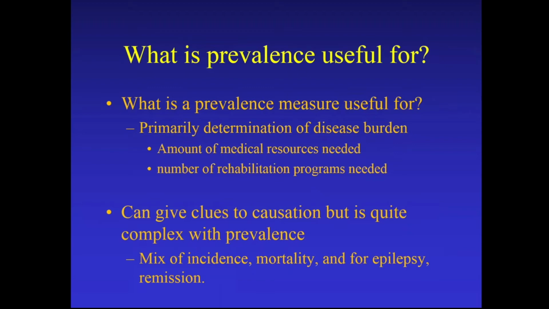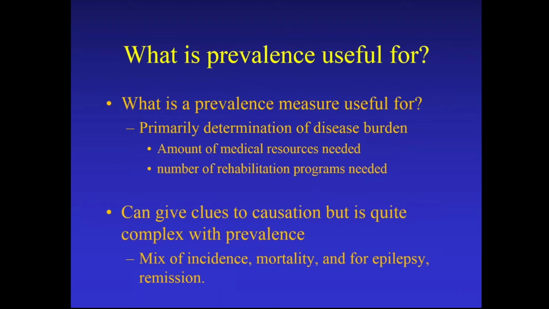Prevalence can give clues to causation, but it's quite complex because prevalence is a mix of survivorship and, for epilepsy, remission or lack thereof. So if one looks at the usual prevalence numbers, on average one sees a prevalence of between 5 and 6 or 7 per thousand.